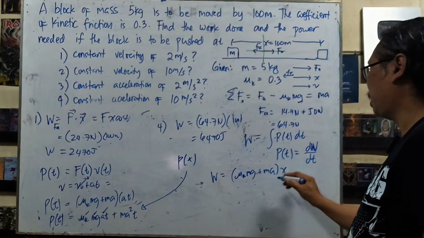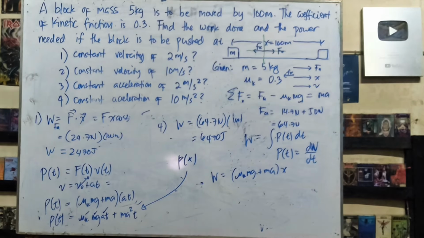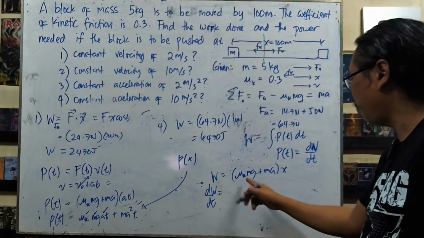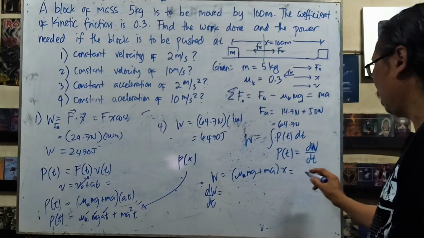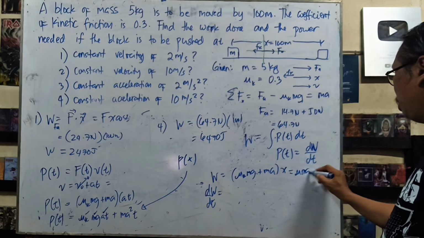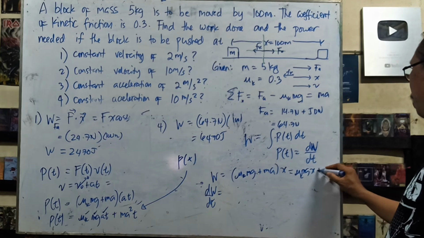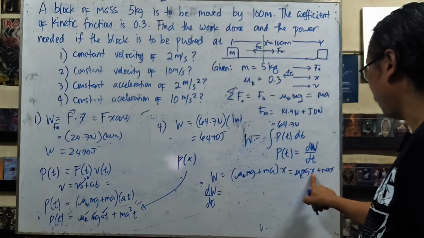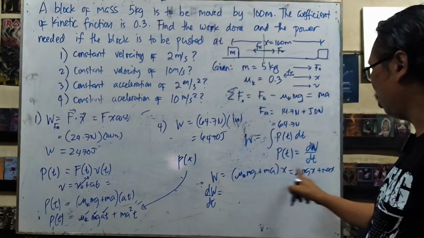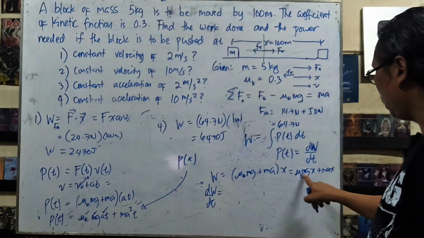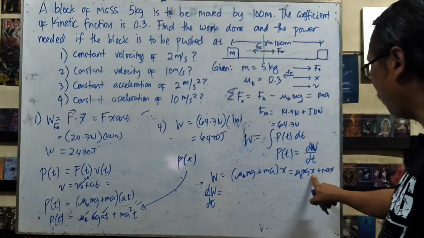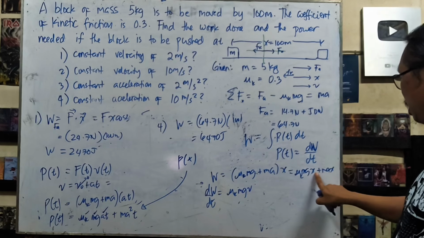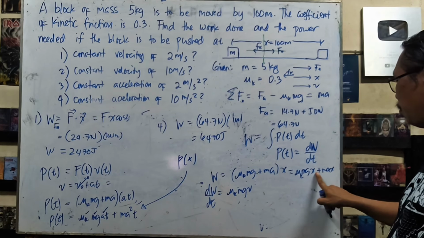So when we take dW over dt of this, by the way, this is mu k mg x plus max. Take the derivative of this one. m is constant, g is constant, but x is not constant. So now this becomes mu k mg v, because dx over dt is v.